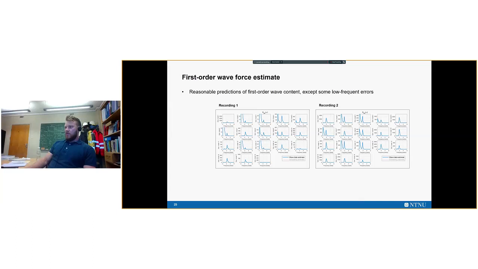So for our selected wave recording data, we get some first order wave estimates, which we think are reasonable.